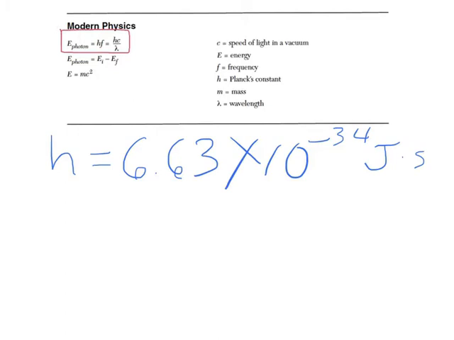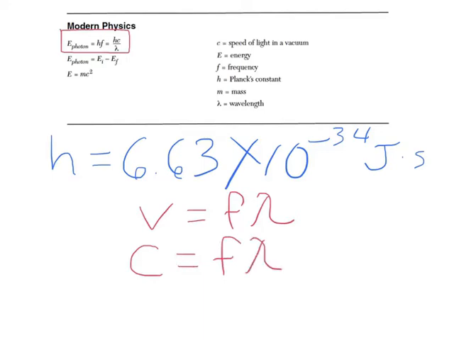Now notice also that in this formula they kind of write it 2 ways, and that's because we can also use our familiar formula from waves, which is the speed of a wave is frequency times wavelength. But when we're talking about light, the speed, v, of the wave is just the speed of light. So we actually can write the wave formula this way. Speed equals frequency times wavelength.